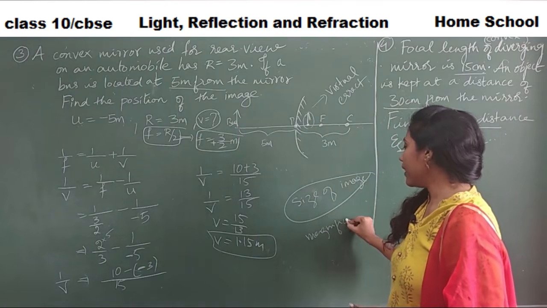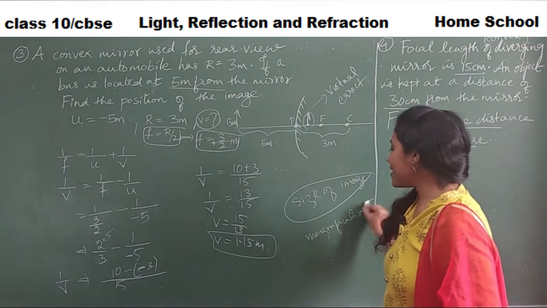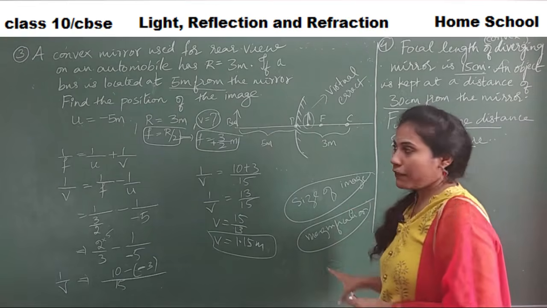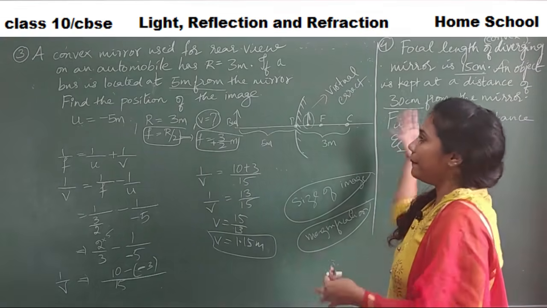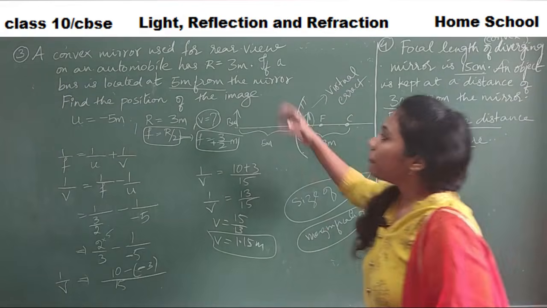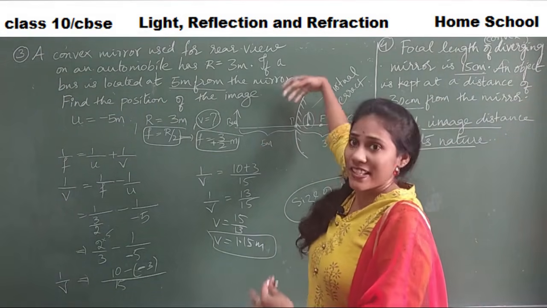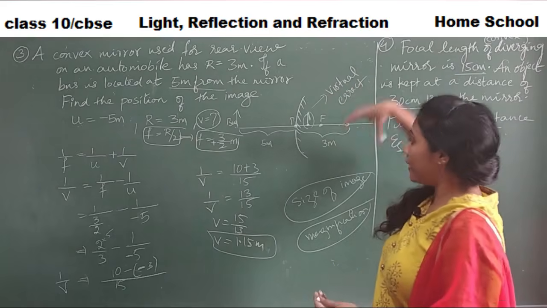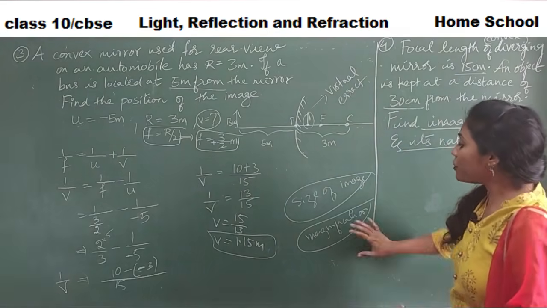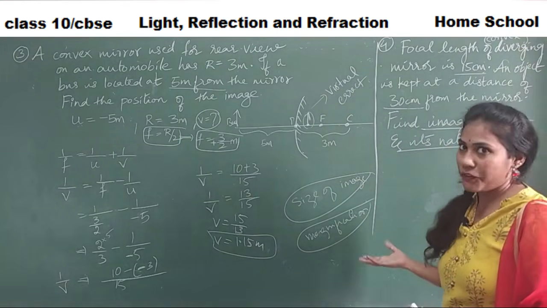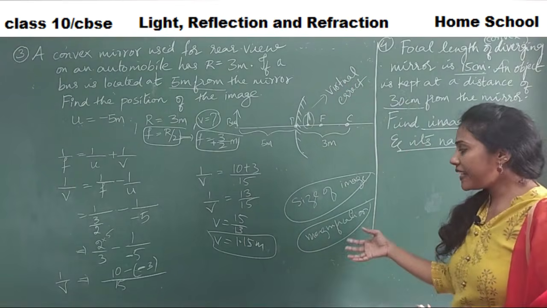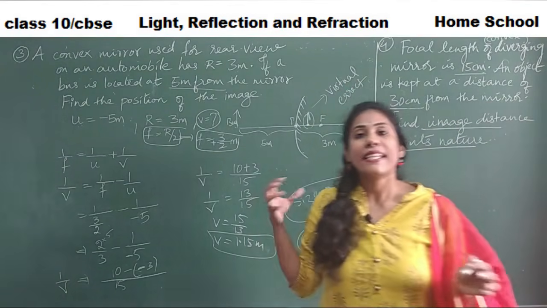So in my next class, let us talk about magnification and see the same kind of problems. You got to know position and nature. Along with that, if size is also asked, then you must be able to use the formula based on magnification also. So we will discuss all of them in my next class.